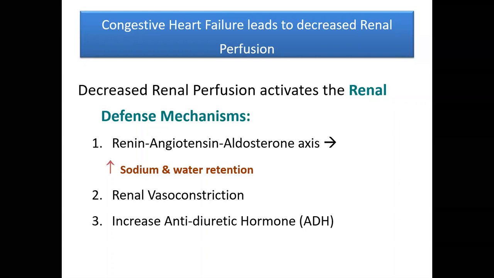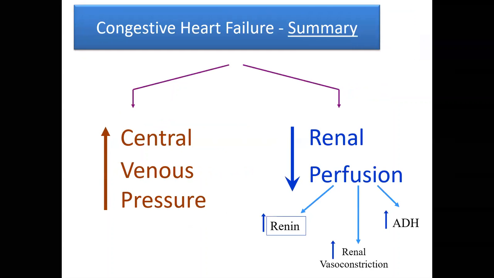Increases aldosterone secretion. And does it lead to renal vasoconstriction? Yes. So this increased central venous pressure and decreased renal perfusion leads to increased ADH, increased renin, increased renal vasoconstriction, and all of this together will lead to increased hydrostatic pressure, and the patient will present with edema.